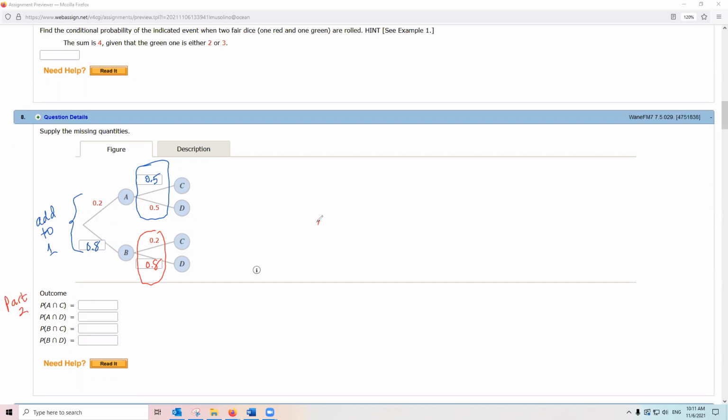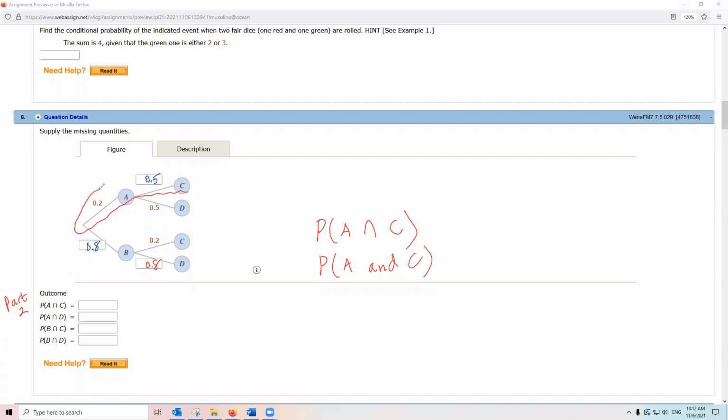All right, let's do the first one. It says the probability of A and C. Remember, this intersection symbol means and. Well, the probability of A and C, let me just erase some of this here to make it a little easier to see. The probability of A and C means I'm traveling down this road, right?